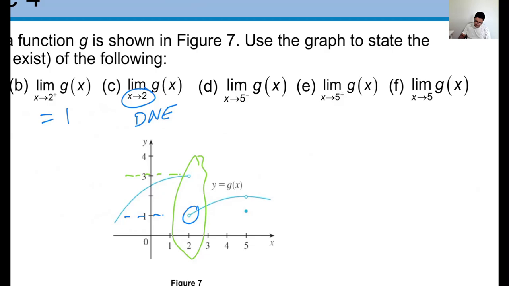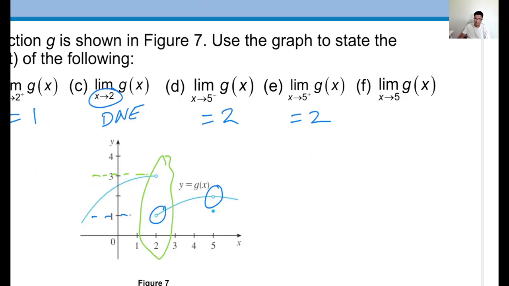When it approaches 5 from the left, we're here. The value of the function is approaching 2, so the limit value is 2. As it approaches from the right, it's the same thing. The function is approaching 2. So the limit exists and is equal to 2.